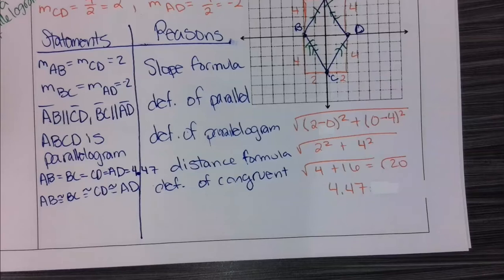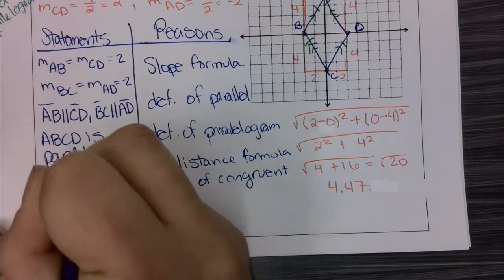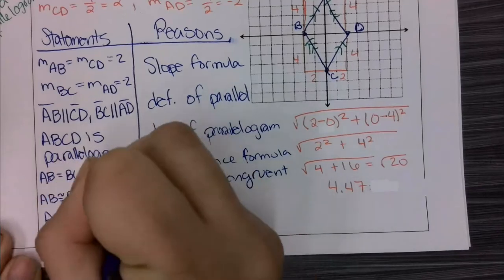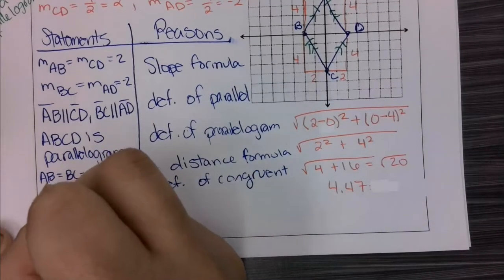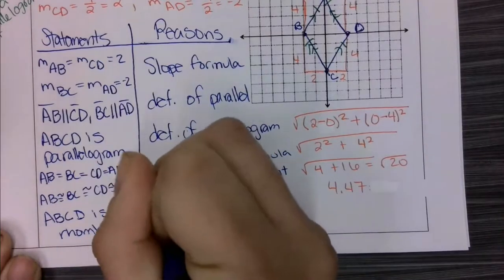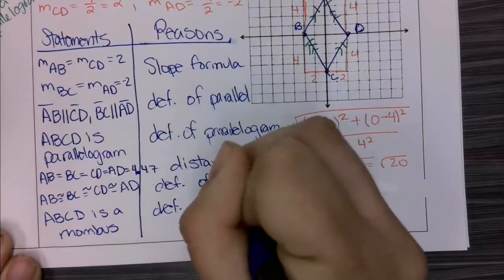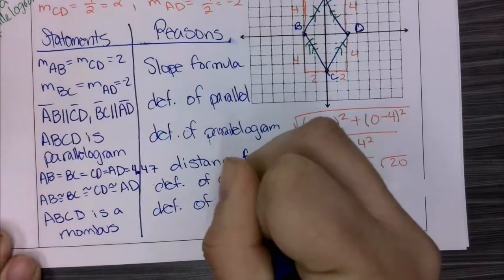I have all the sides are congruent, and I have my two sets of parallel lines. Hold on, let me finish writing this, and then I'll say.